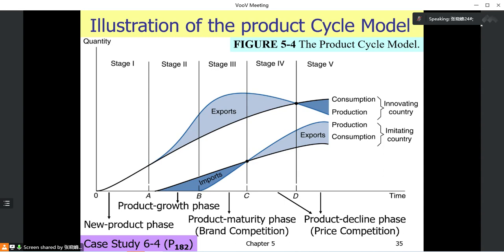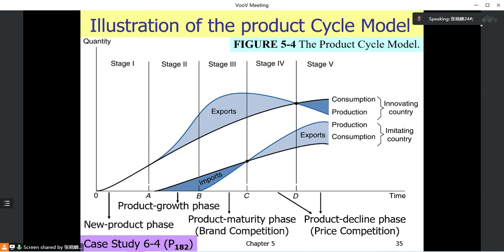In the product growth phase, there is an export-oriented strategy adopted by the multinationals, the cross-border companies.